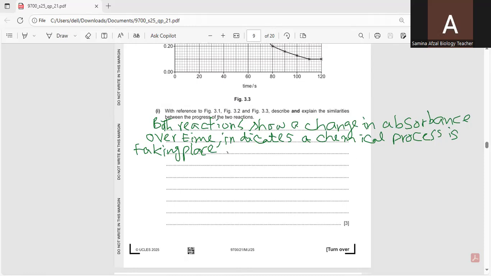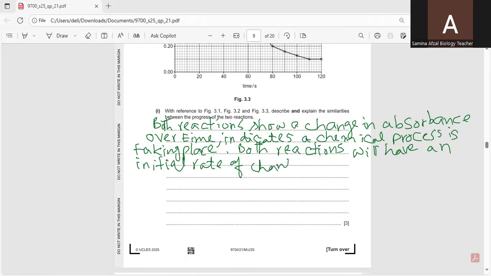Next, the initial rate is similar in both. Both reactions will have an initial rate of change, whether it is increasing or decreasing, which is the fastest.